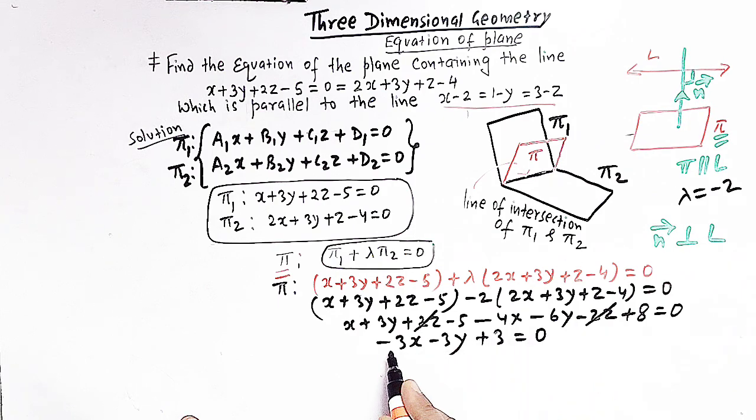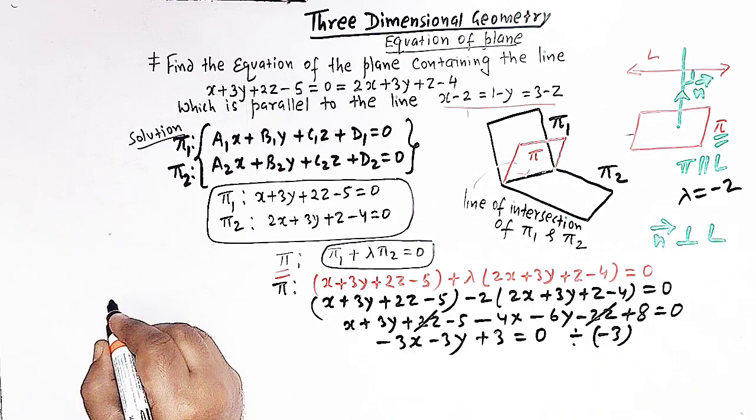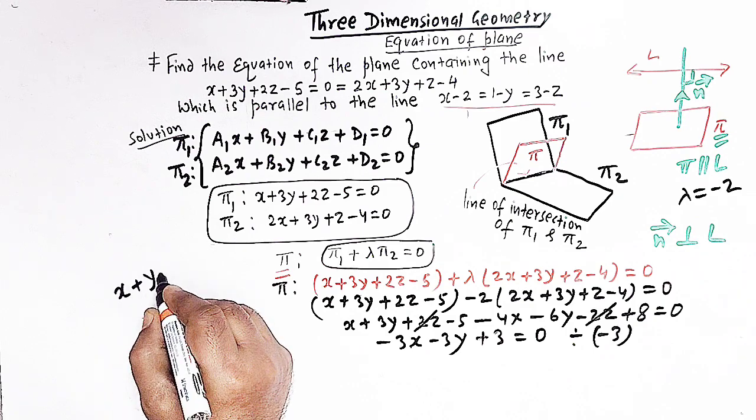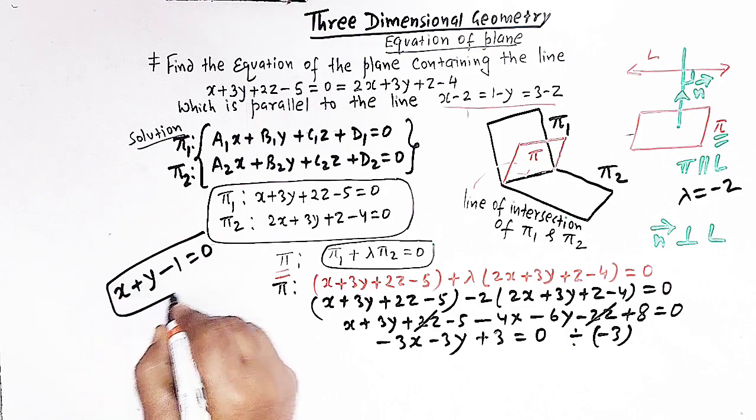So here dividing both sides by minus 3, we can now write this equation as x plus y minus 1 is equal to 0.